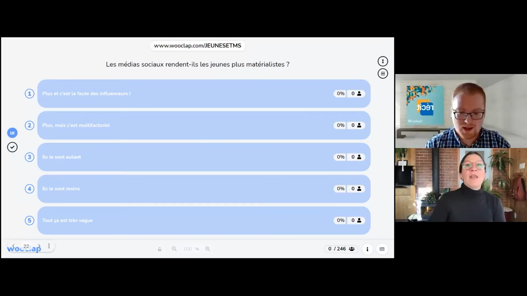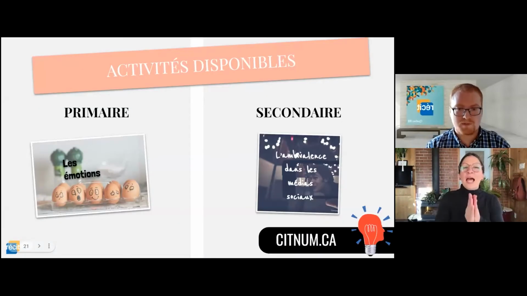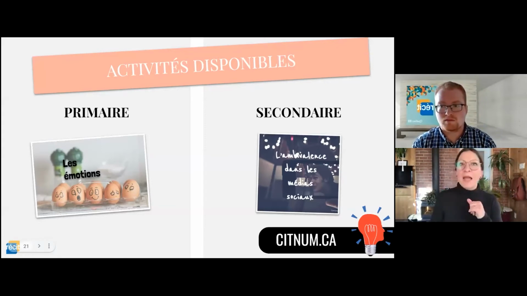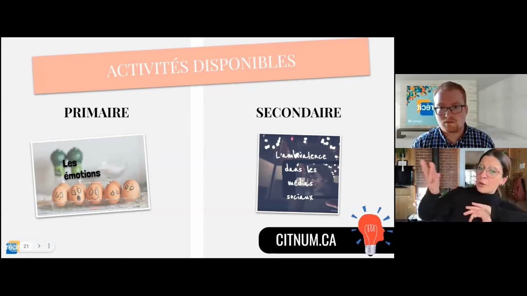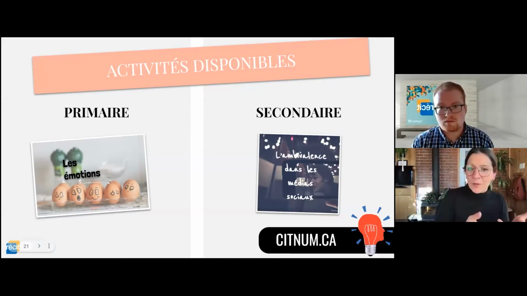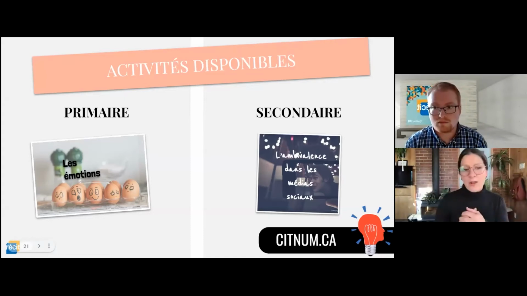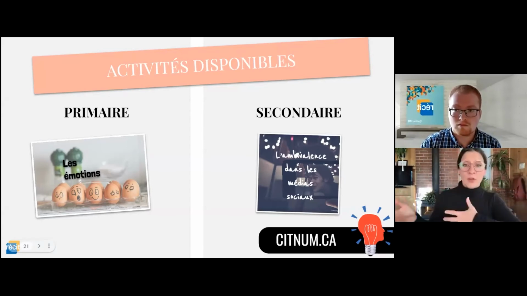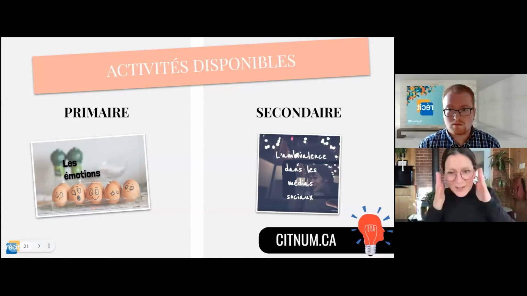Next question. Did we talk about activities? No. So two activities to work on social media. One in elementary school on emotions. It might not cover what we said specifically, but it will develop some skills that will be useful when we arrive in this great world of social media.